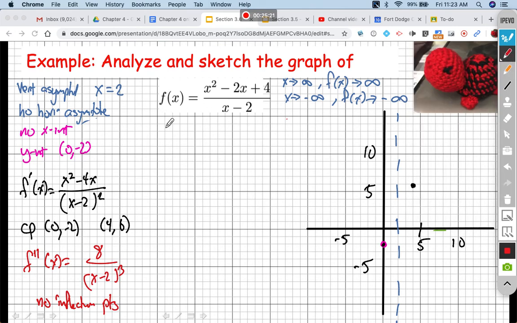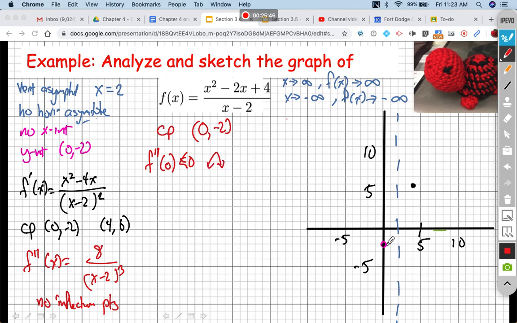I know I have critical points at 0, negative 2, and at 4, 6. So, for my critical point at 0, negative 2, I'm going to check concavity. So I'll try f double prime of 0. And second derivative at 0 is going to be 8 over negative 2 cubed. So positive over negative is going to be less than 0. So this is going to be concave down.